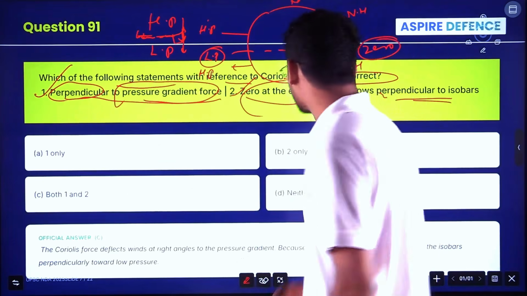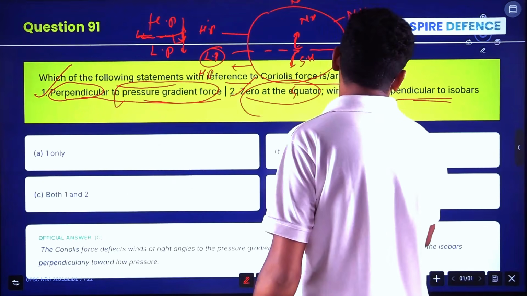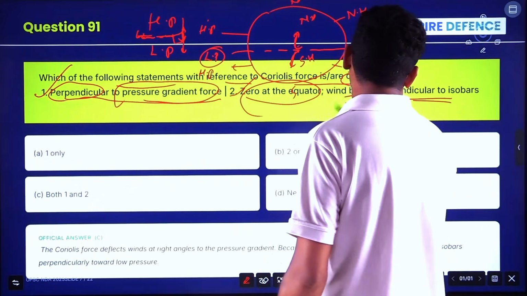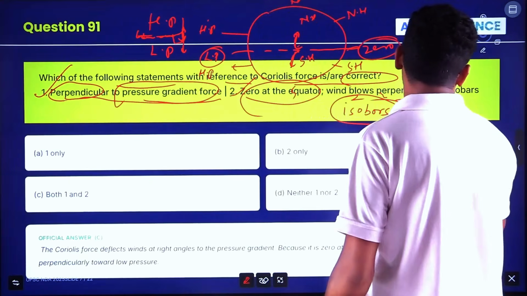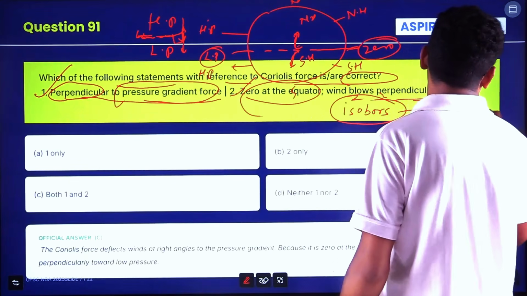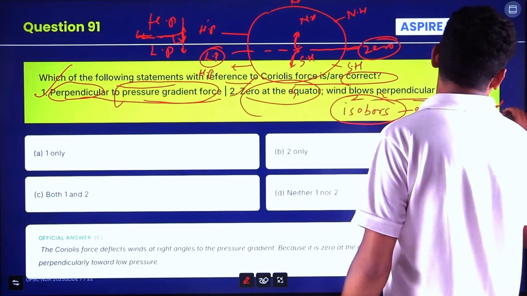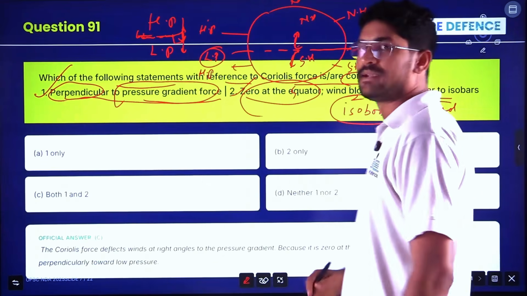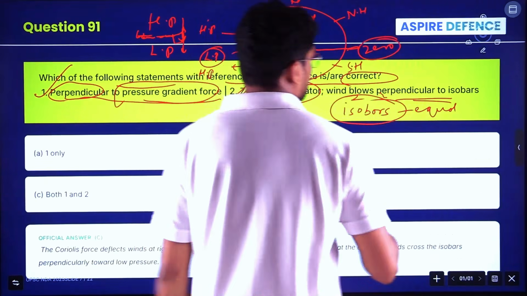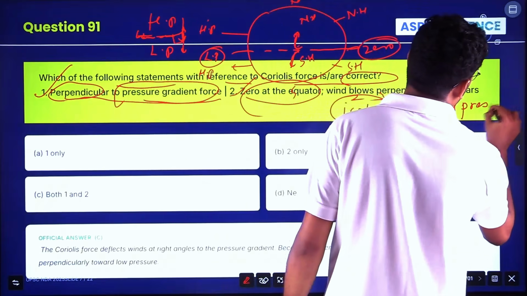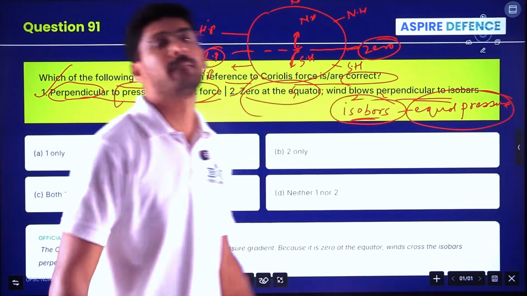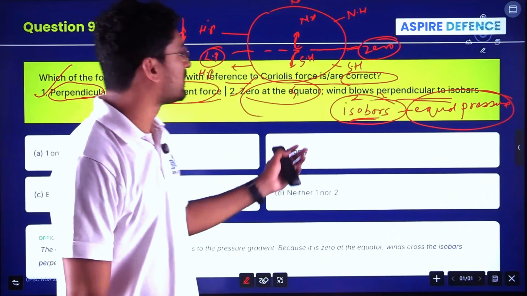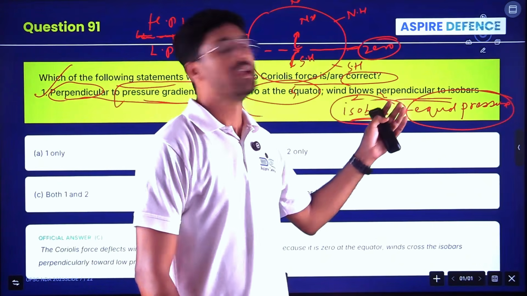There are some concepts here called isobars, which are equal pressure areas. This is not chemistry isobars; isotopes and isobars are different in chemistry, but in geography these are equal pressure areas. Isotherms are there if temperatures are the same.